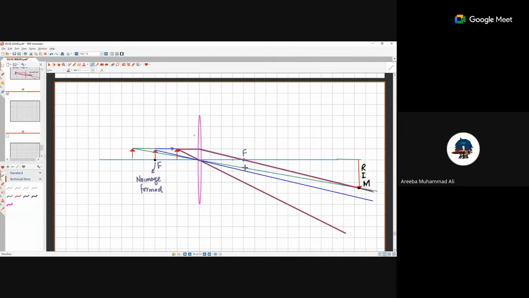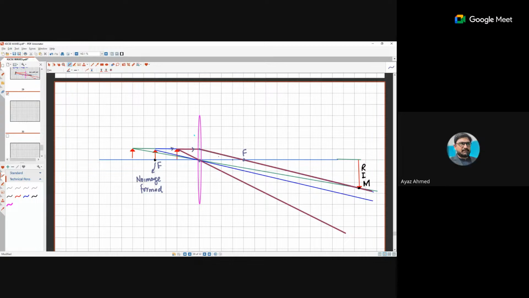Okay. Now why is it that down, sir? Like the maroon one, you are following the rule. The light ray which is parallel to principal axis before the lens would pass through F, right? And the ray which will pass through optical center will never bend. But why did you make it that huge? Just because it has to reach optical center.